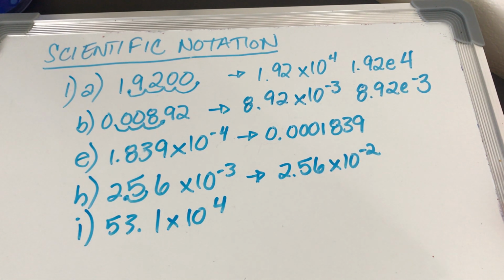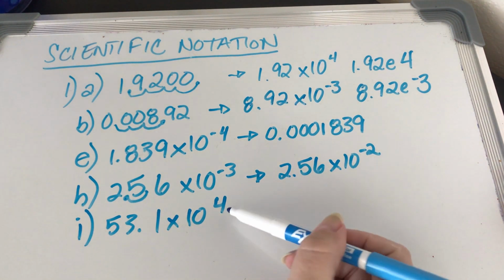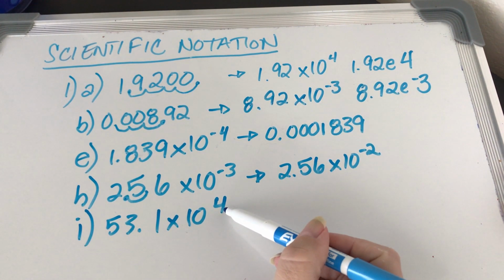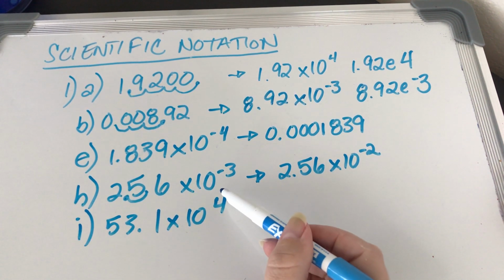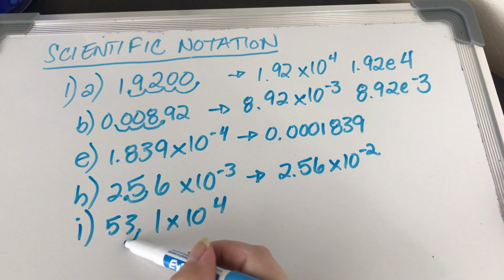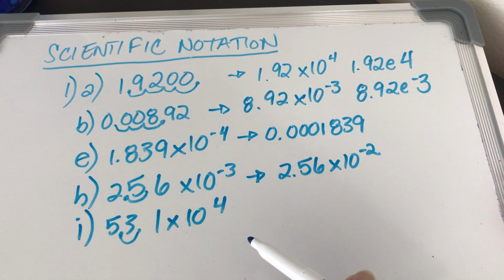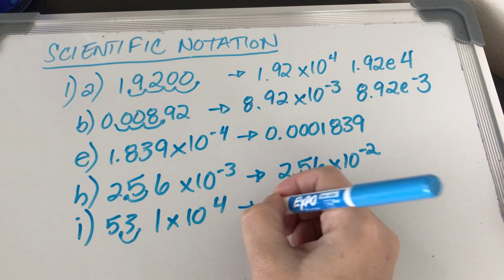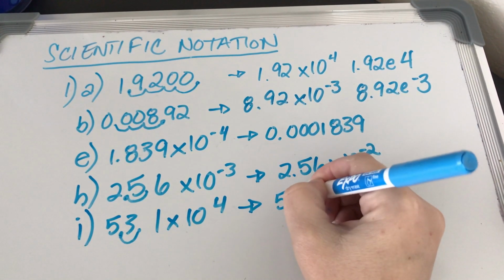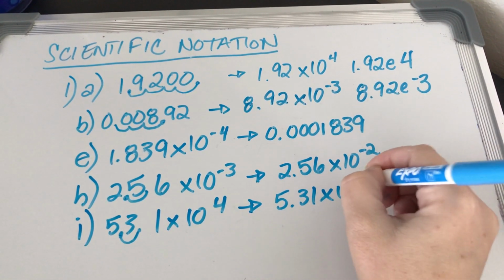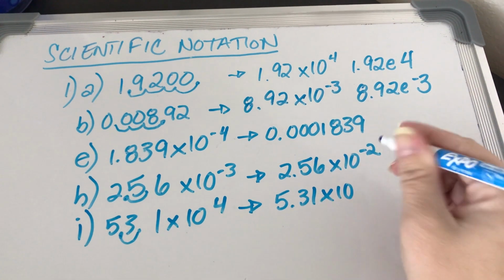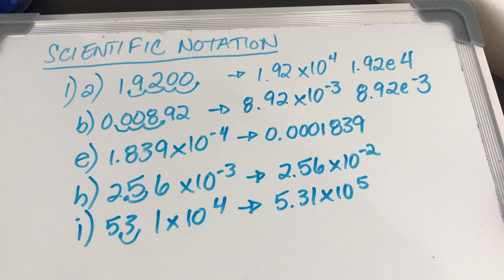It's still going to increase, right? So here, the power of 10 is 4, right? But now we're going to add another power of 10 in here, right? So when we add another power of 10 in here, that's going to make this 5.31 to, oops, not negative, to the 5th, right?